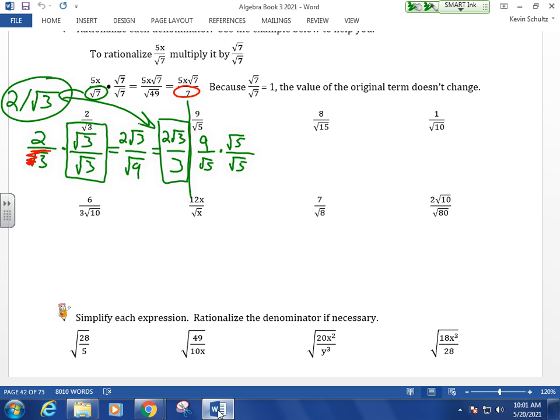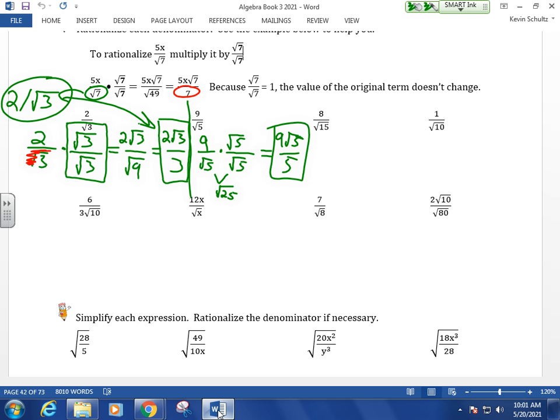If we recognize that root 5 times root 5 is just going to give us 5, because either the root cancels out, or root 5 times root 5 is the root of 25, which is a perfect square, gives us 5, maybe we don't have to show that intermediate step. And if we know that 9 times root 5 is 9 root 5, there would be our final answer: 9 root 5 over 5.